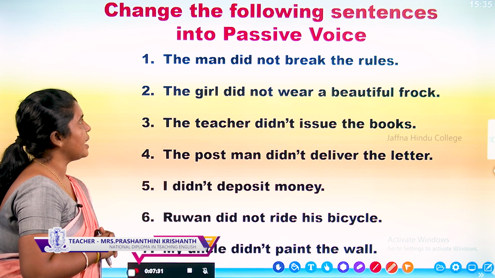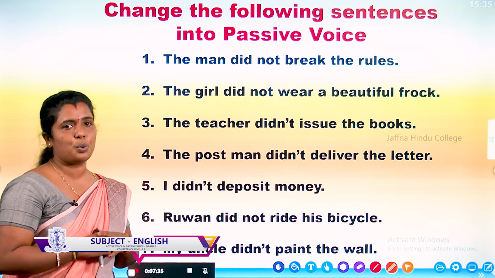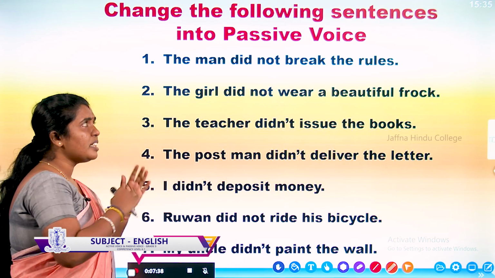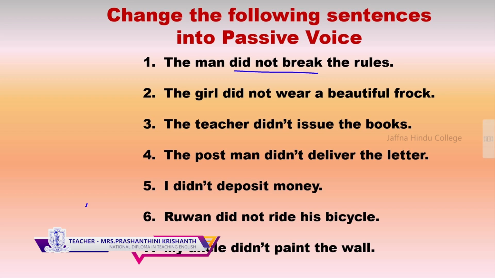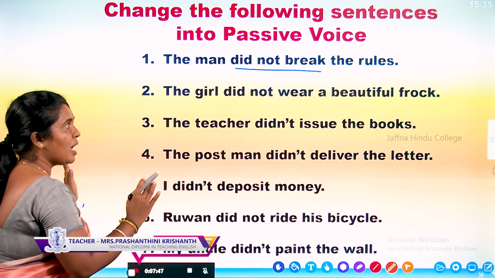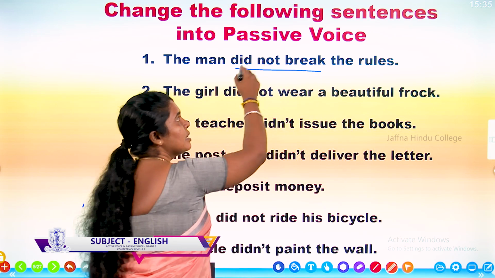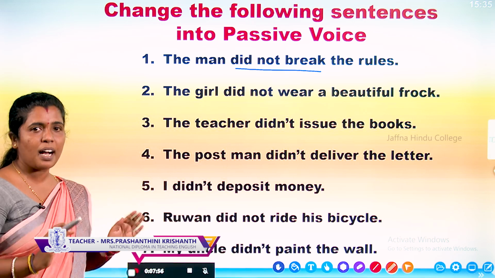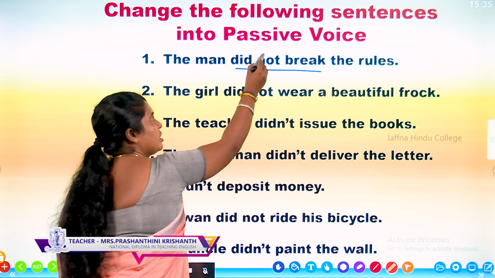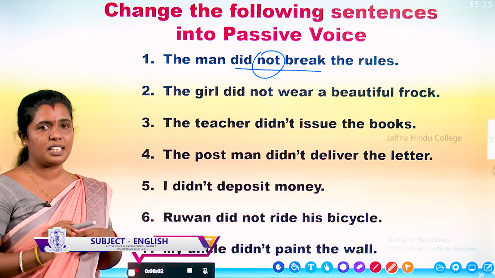See the first sentence, the man did not break the rules. So to identify the tense, what will you do? You have to mark the verb, right? Using your pencils or whatever it is, mark the verb first. Here, did not break. So this is simple past tense, negative sentence.